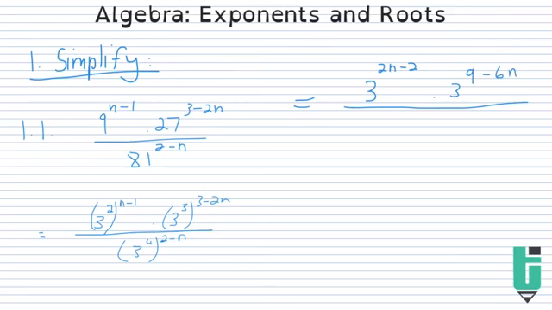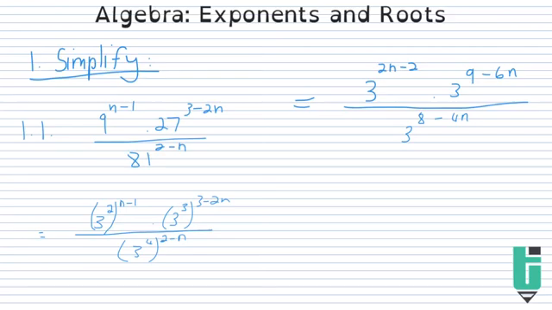And at the bottom we have 3 to the power 4 inside the brackets, all raised to the power of 2 minus n. So we'll multiply 4 with 2 minus n, and we'll get 3 to the power 8 minus 4n.